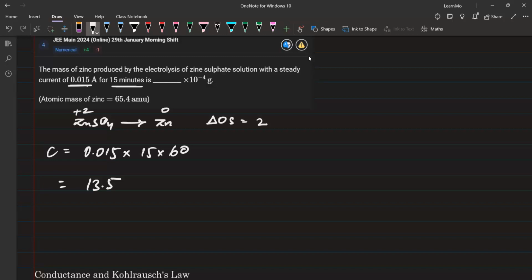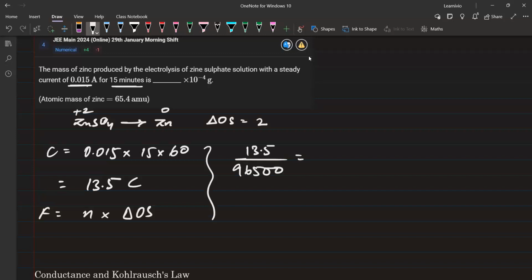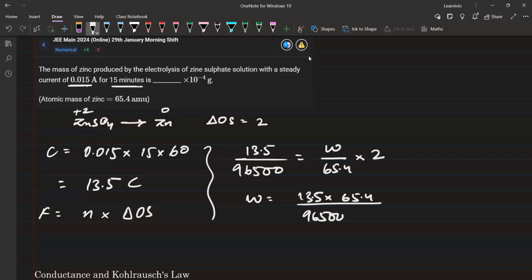Then you will apply the Faraday formula. Faraday is equal to number of moles into delta OS. Now we have coulombs and we have to convert it into Faraday, so we have to divide by 96500. So you'll get 13.5 divided by 96500, which is equal to the mass deposited divided by the molar mass, which is the number of moles, 65.4, multiplied by delta OS, that is 2. So the mass deposited will be equal to 13.5 multiplied by 65.4 divided by 96500 into 2.